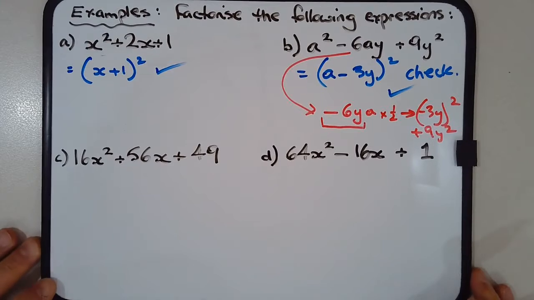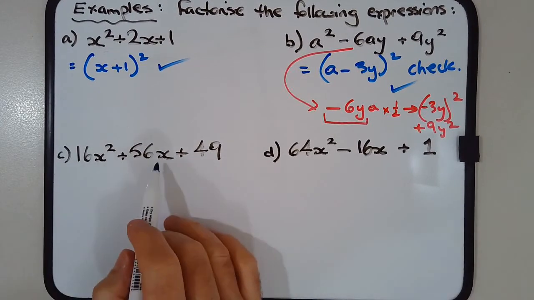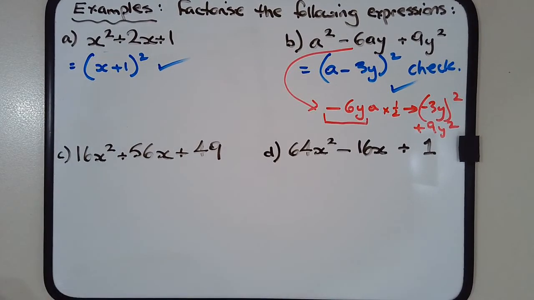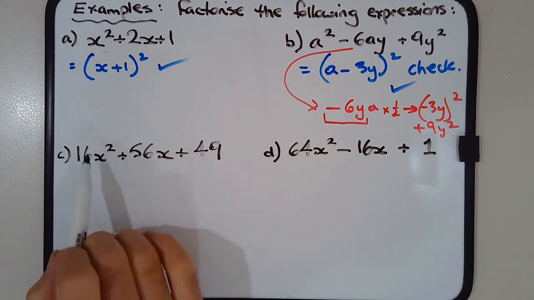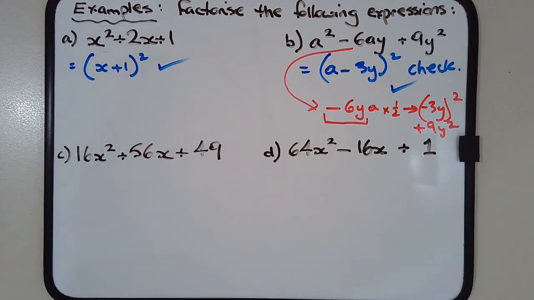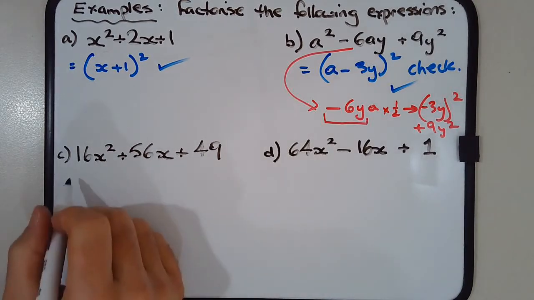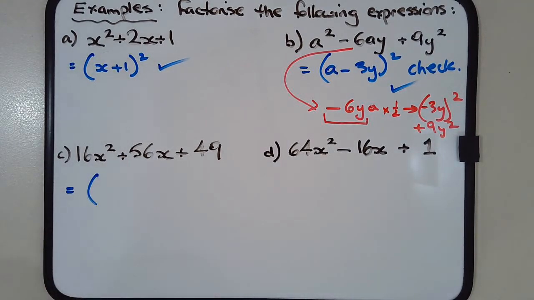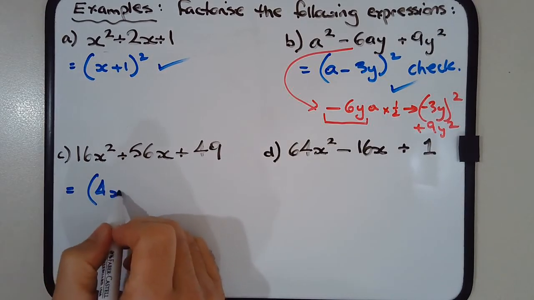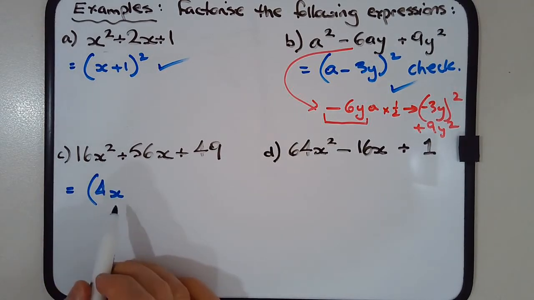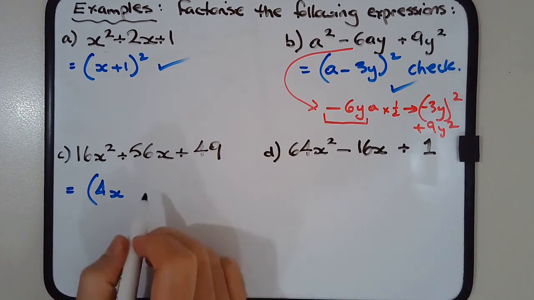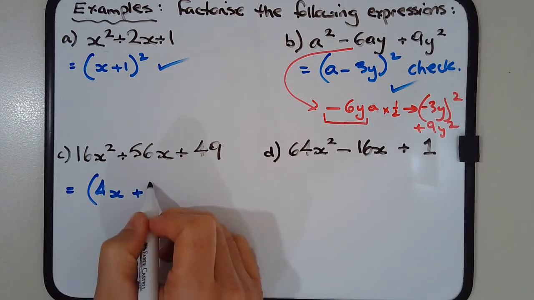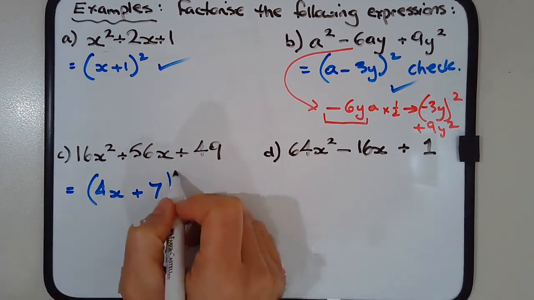What about part C? 16x squared plus 56x plus 49. Again, let's look at the first term and the last term. They look like square numbers. So let's come up with an attempt at factorising it. We suspect that the first term of the factorised binomial is going to be 4x. The second term is going to be a 7, since that's the square root of 49.